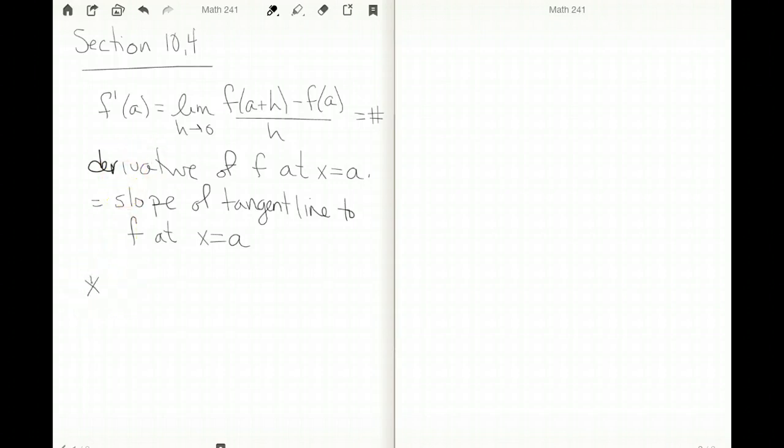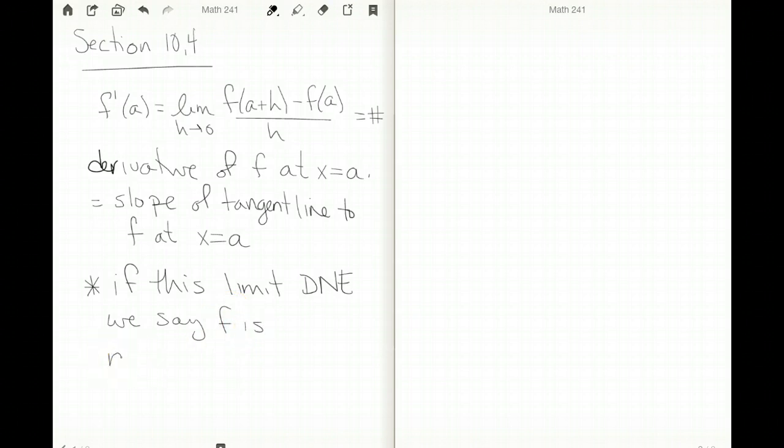So we should make a little note to ourselves that says if this limit does not exist, remember, we say DNE for does not exist, then we say f is non-differentiable at a.